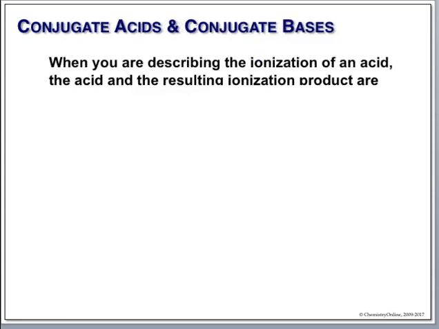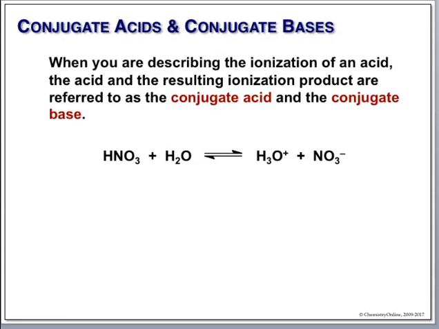And once again, this is a fairly simple concept. We're going to look at an ionization reaction, and we're going to define the acid. We're going to ask, what happens when this guy loses its proton? Well, when it loses its proton, it forms the conjugate base.